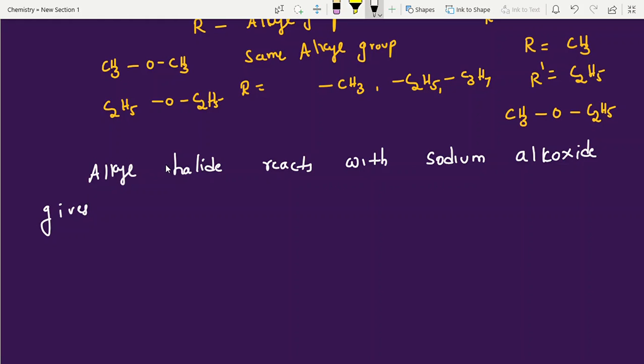Alkyl halide reacts with the sodium alkoxide. It gives ethers. That is, we call it Williamson ether synthesis.